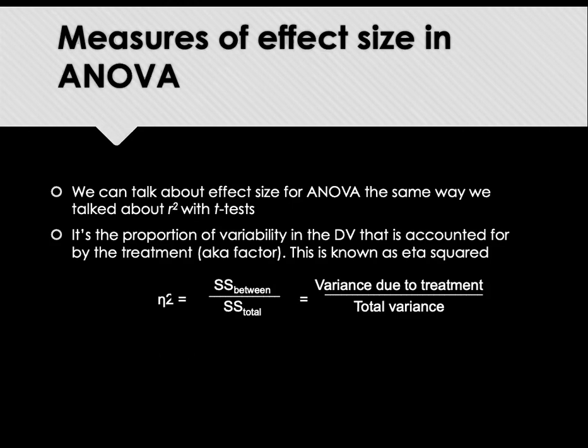And eta squared as a formula is sum of squares between divided by sum of squares total, which, if you remember, kind of represents the variance due to treatment divided by the total variance. So this should make sense to you then, why this formula represents the proportion of variability that's accounted for by the treatment. What proportion of total variance is due to the treatment itself?